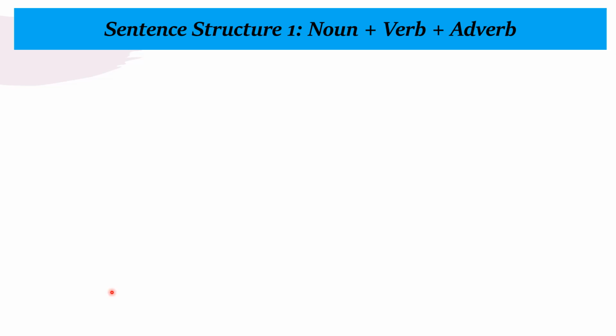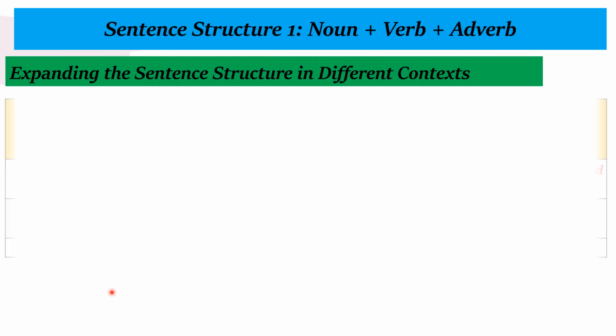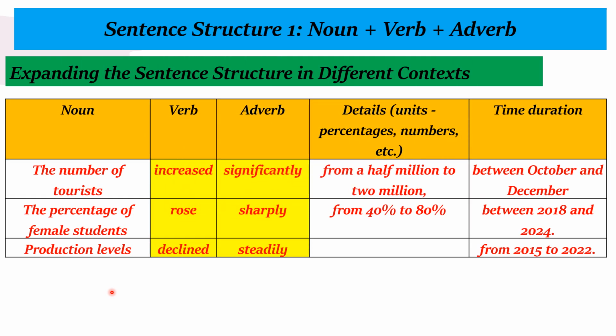Now let's look at more examples that apply the same sentence structure in different contexts. The sentences on this slide are written in red to indicate that they are not from the previously given graph description. Instead, they are included to show how the same structure can be used in different situations.